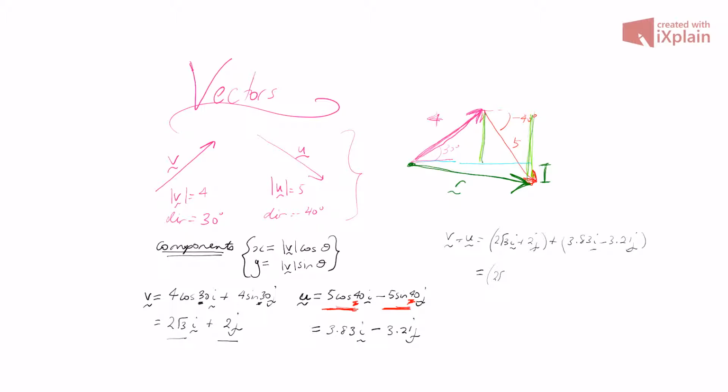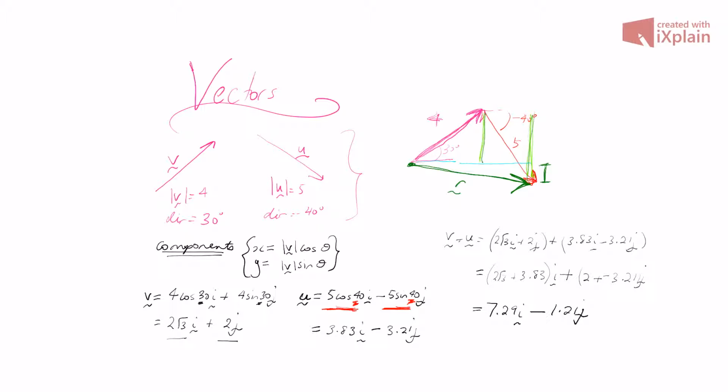So 2 root 3 plus 3.83 is 7.29i, plus 2 plus negative 3.21, we could do a subtraction, that doesn't matter, either way, j. And overall we get 7.29i minus 1.21j. And you say to yourself, does that make sense with the picture?